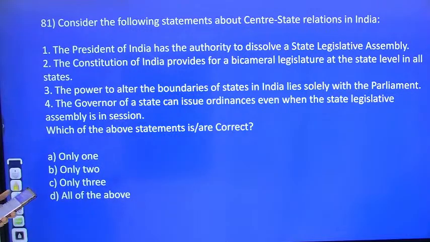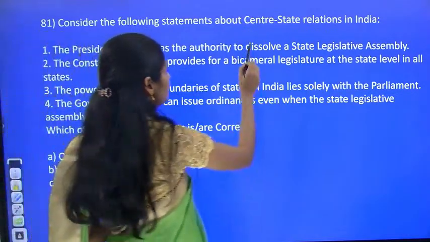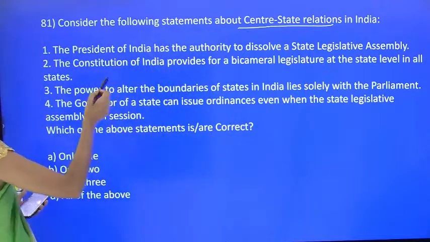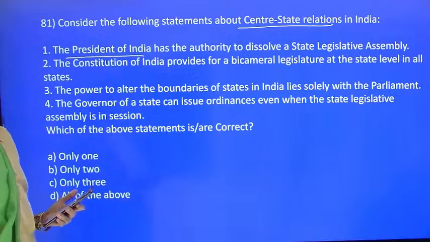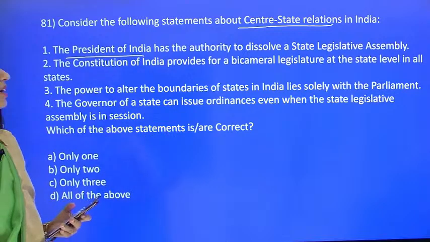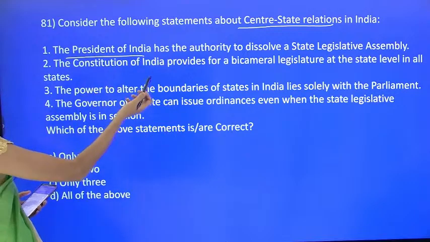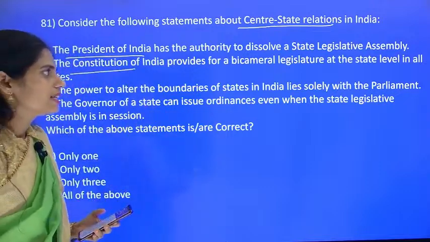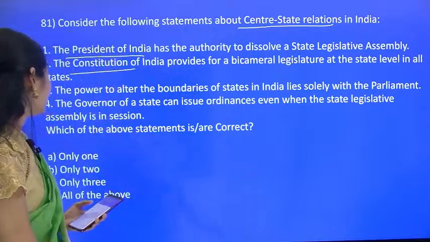81. Consider the following statements about center-state relations in India. First one is, President of India has the authority to dissolve a state legislative assembly. And next one is, the Constitution of India provides for bicameral legislation at the state level in all states.